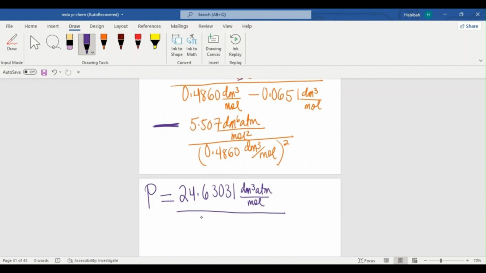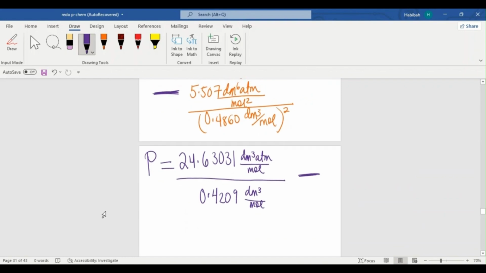So you end up with 0.4209 dm cube per mole, minus 5.507 dm6 atmosphere per mole squared divided by 0.4860 dm cube per mole.